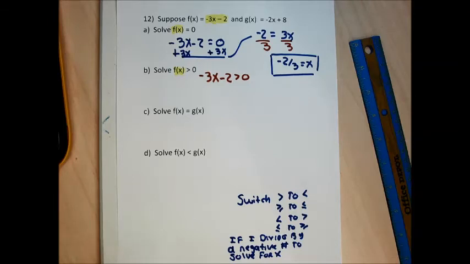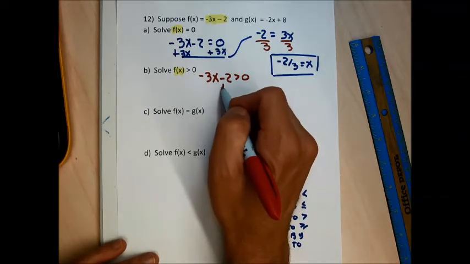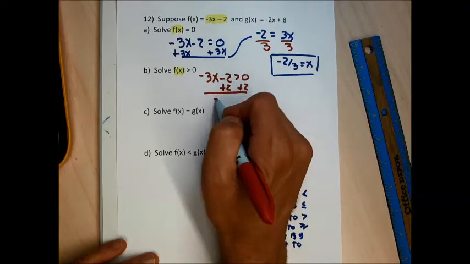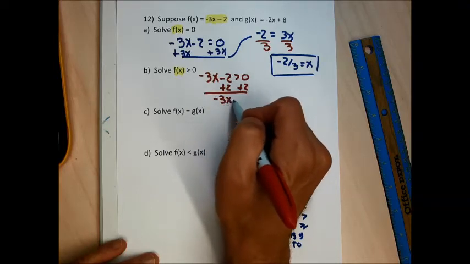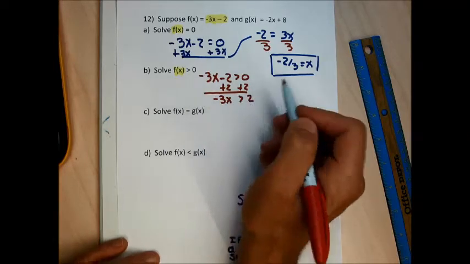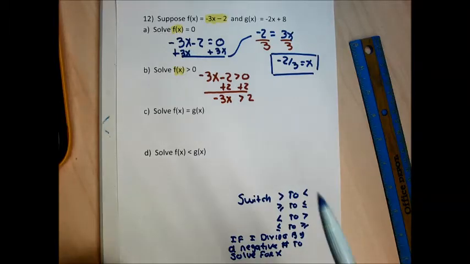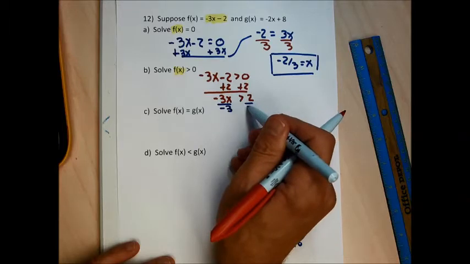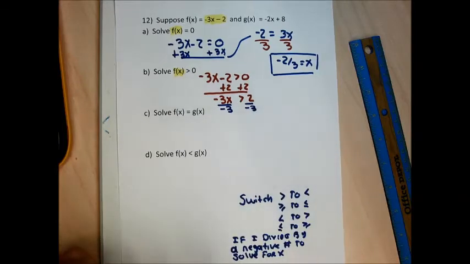So I'm going to solve for x by this time adding 2 to both sides, which is probably instinctively what you might do. When I get to this point, this gives me minus 3x is greater than 2, and I'm going to divide both sides by a negative 3. The only time I switch a greater than to a less than is exactly what I just did.